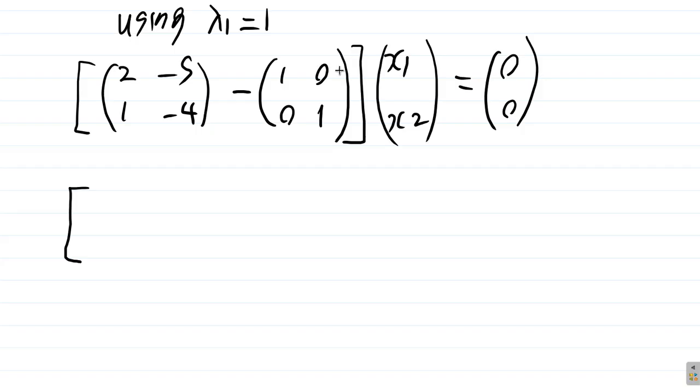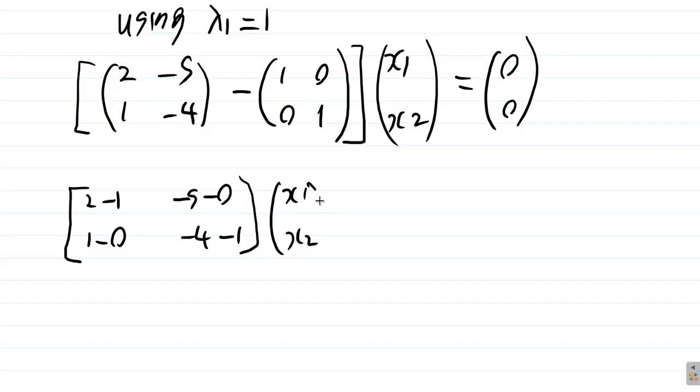So, you have 2 minus 1, -5 minus 0, 1 minus 0, -4 minus 1, times x1, x2 equals 0, 0. Okay? See that?